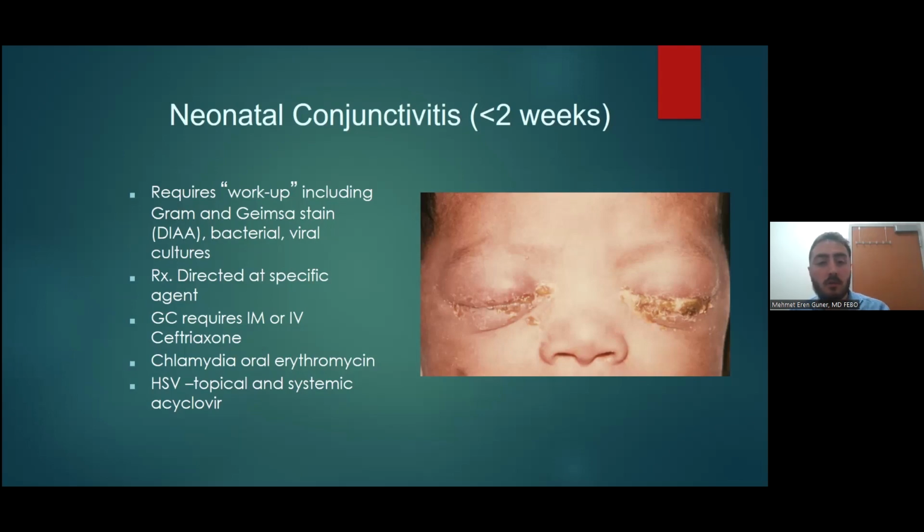You have to do Gram staining, rule out bacterial and viral cultures. You basically have to do this for all these patients. Of course, there are high risk and low risk ones, but some form of sepsis and meningitis workup. And you have to direct the treatment according to etiology.